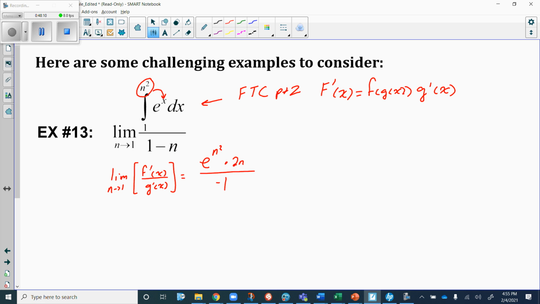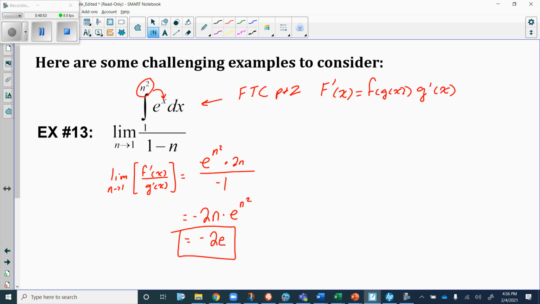So that gives me a negative 2n times e to the n squared power, and if we substitute a 1 here, negative 2 times 1 would be negative 2. E to the 1 squared power would just simplify to 1, so the answer is negative 2e. And there's our limit, now that we can do direct substitution.